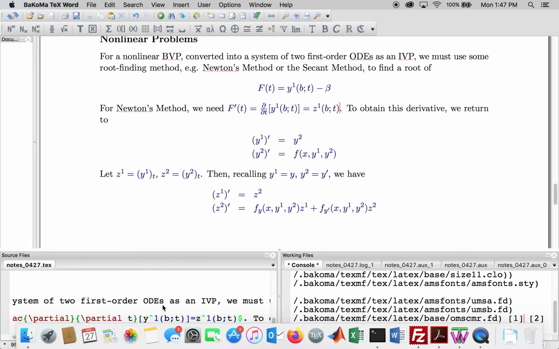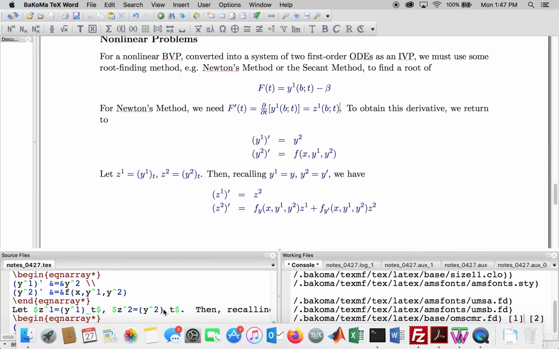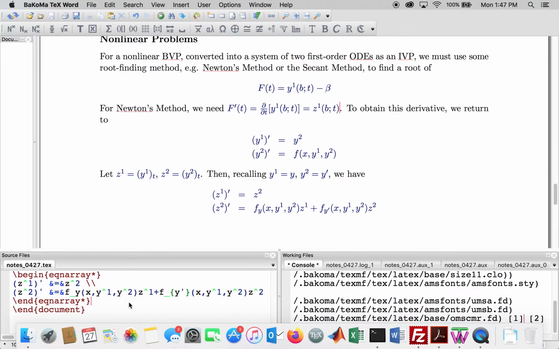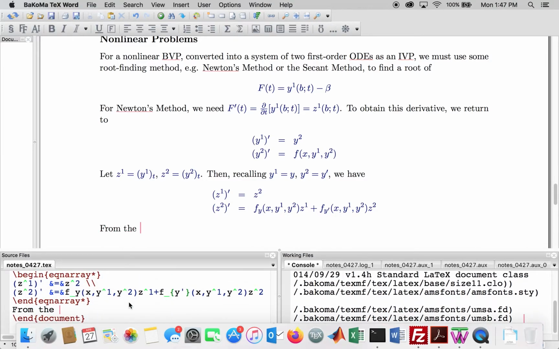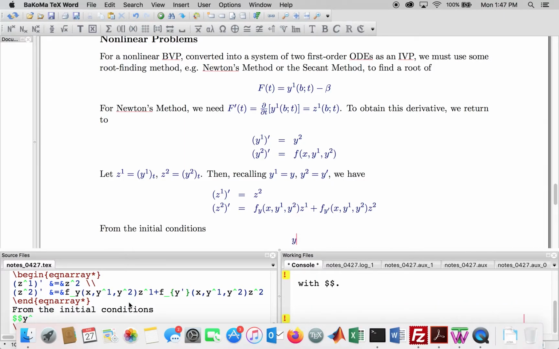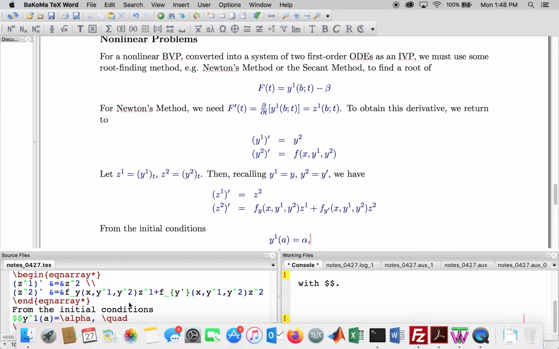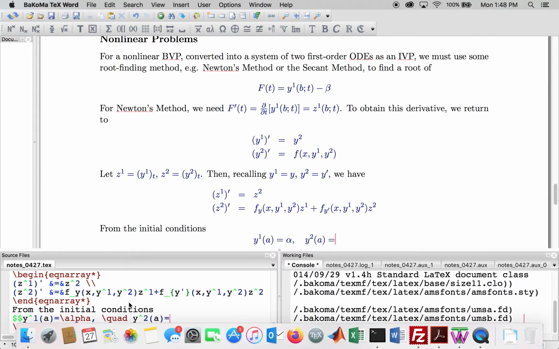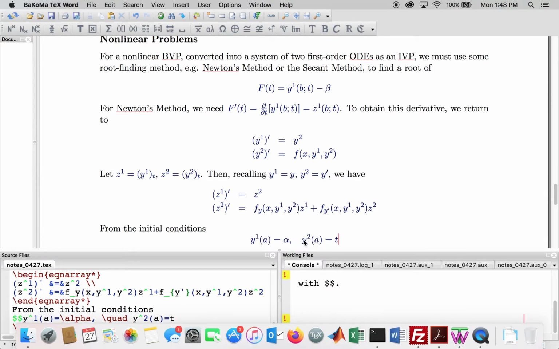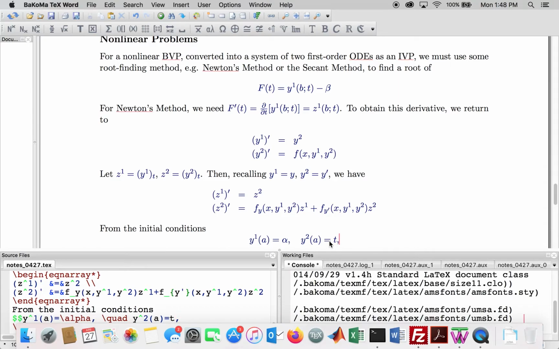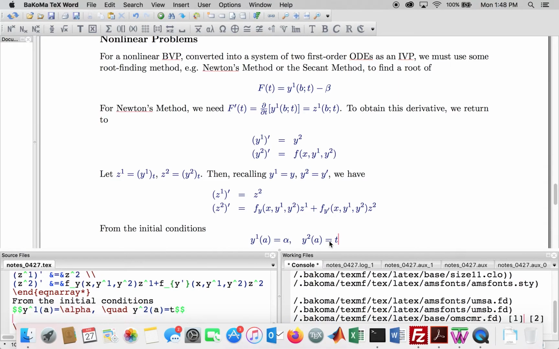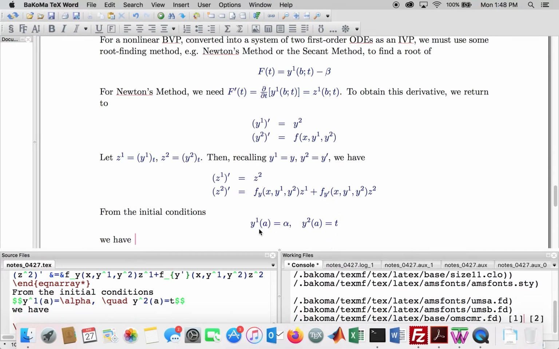Now, one thing we also need is initial conditions for z1 and z2. So from initial conditions, where we have y1 of a is equal to alpha from the first boundary condition at x equals a, y2 of a is t, that's our guess of y prime of a. We have to differentiate these initial conditions with respect to t also.